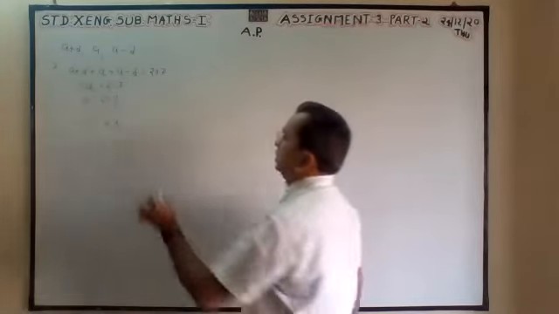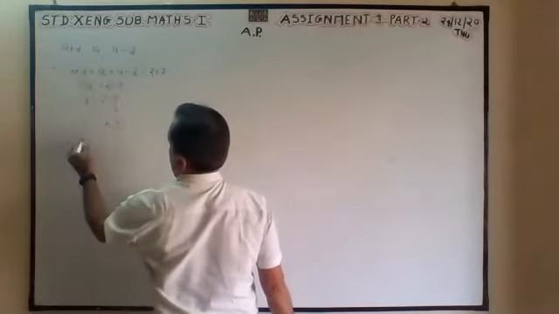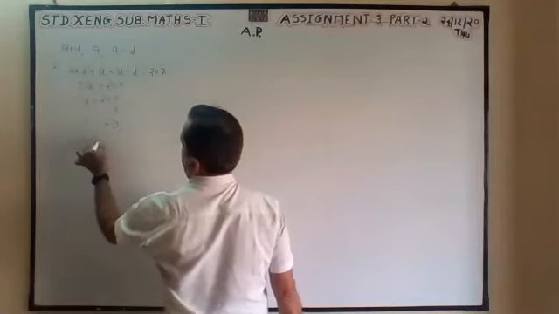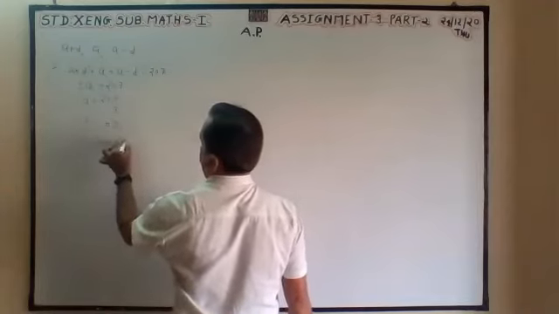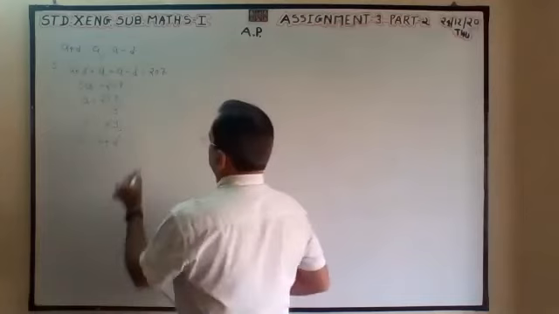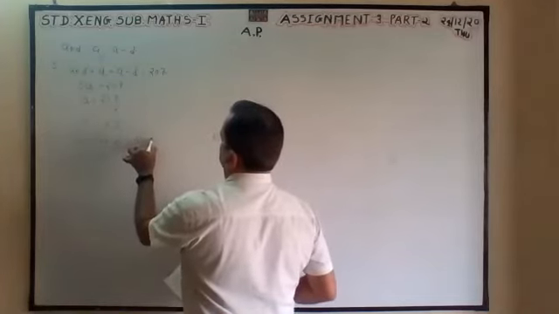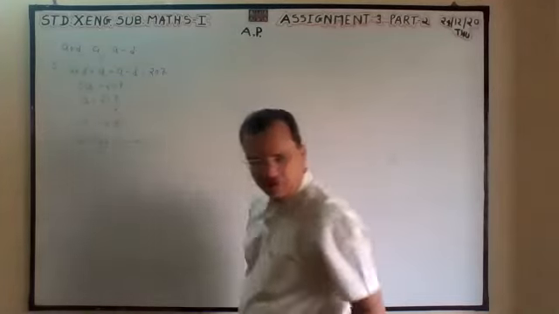Product of the two smaller numbers: A plus D times A is equal to 4623.